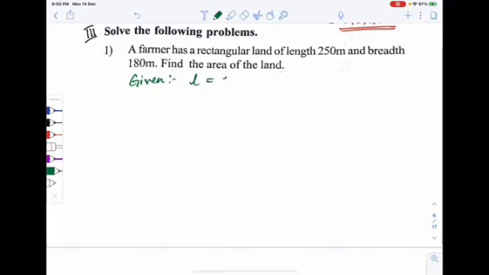Length of a rectangular land is 250 meters. Then breadth of a rectangular land is 180 meters. Therefore, we need to find the area of this rectangular land, which is equal to L into B square units.